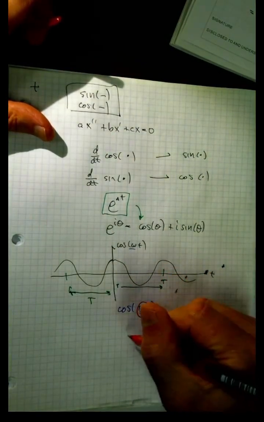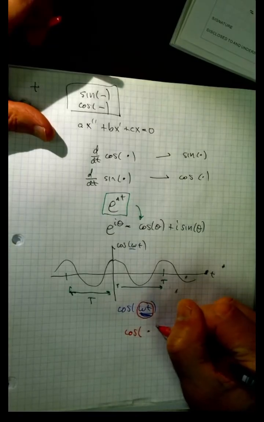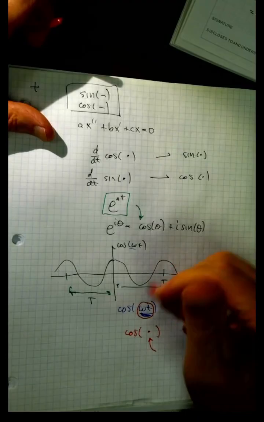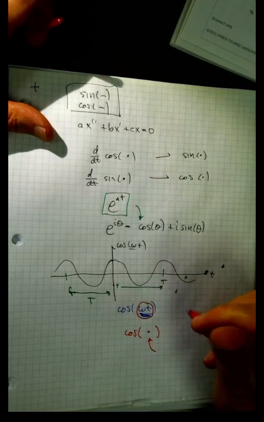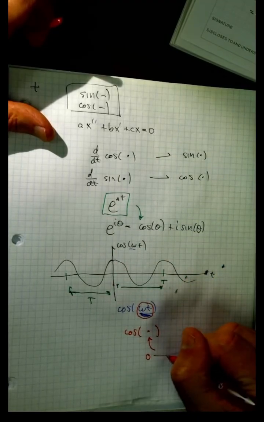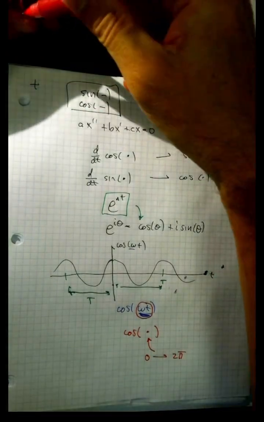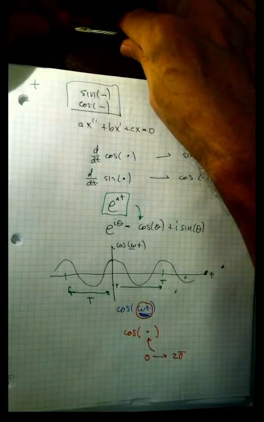You've got this cosine function, and you're giving it as a whole omega t. At the same time, cosine itself, as you go from 0 to 2 pi, will go through one whole cycle. So the idea is that you look at the whole argument.